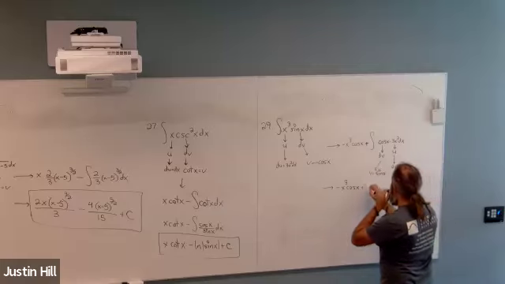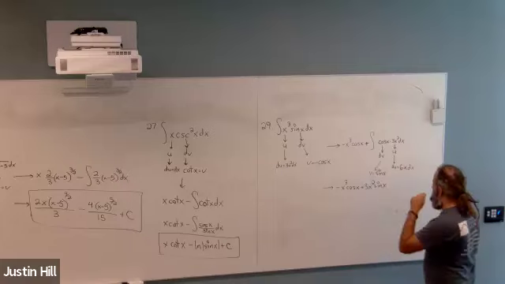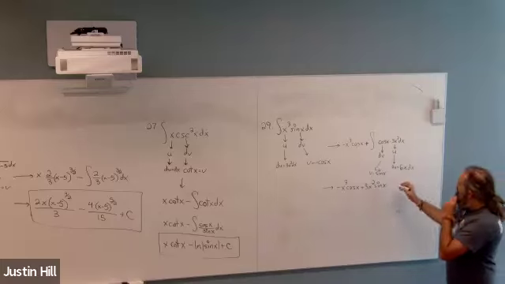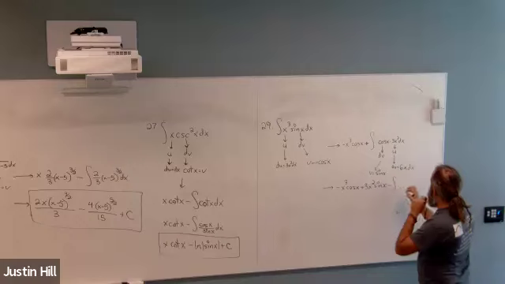So now it's plus 3x squared sine x minus the integral of v du, minus the integral of sine x 6x dx.